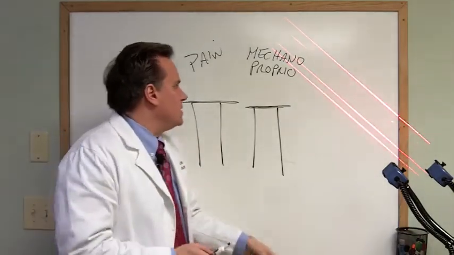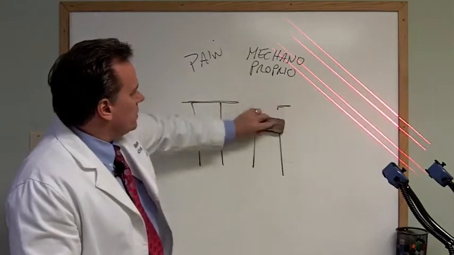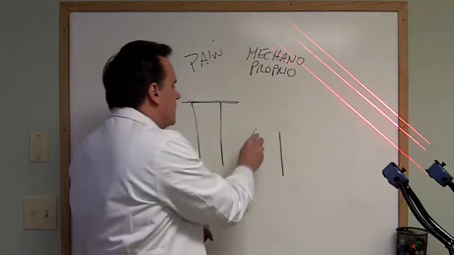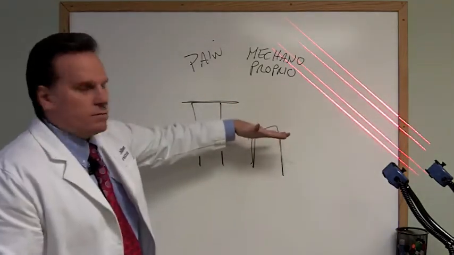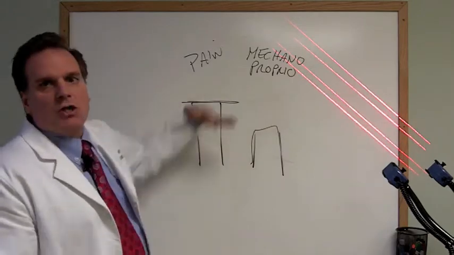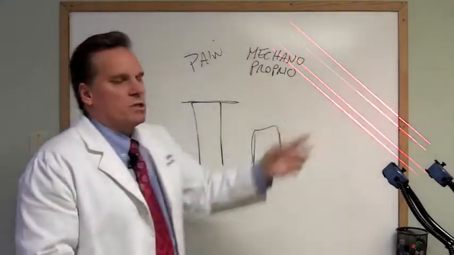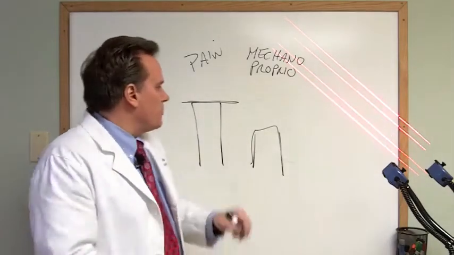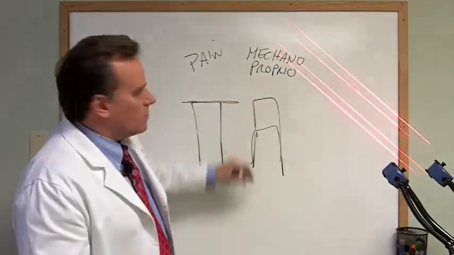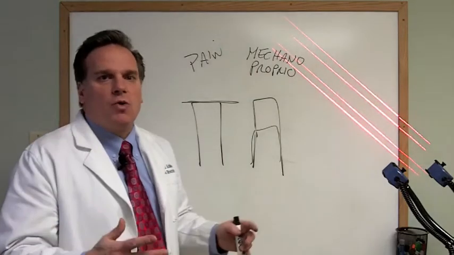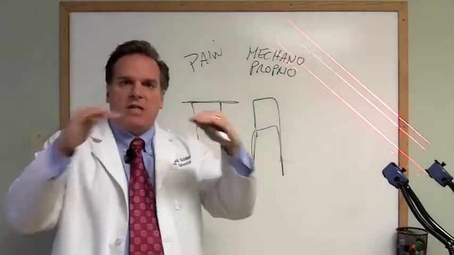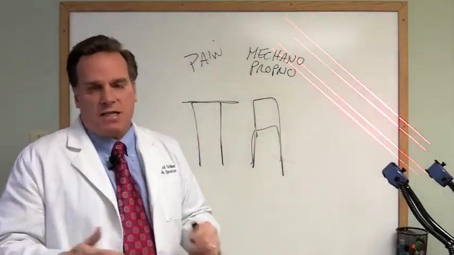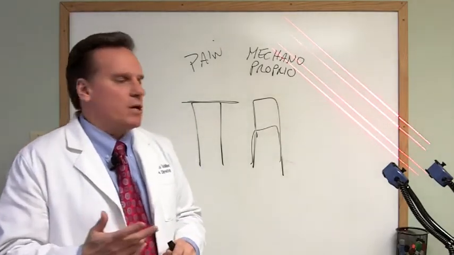But when these nerves start to misfire and start to lower, then the pain is going to start to come out. So what we do with the laser a lot of times is find specific areas on the body where we can upregulate the muscle's ability to fire around a joint so that the pain can actually be modulated down. And that's how laser can help a person feel better.